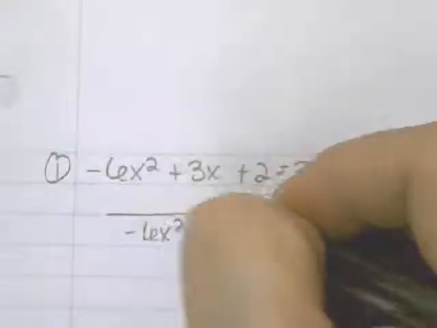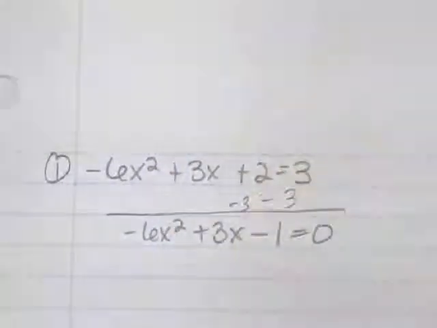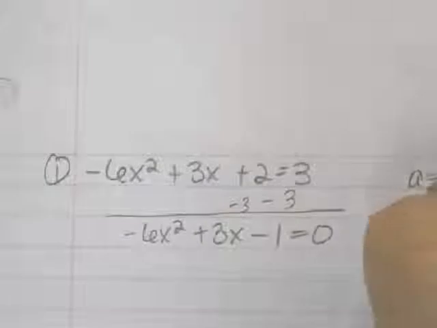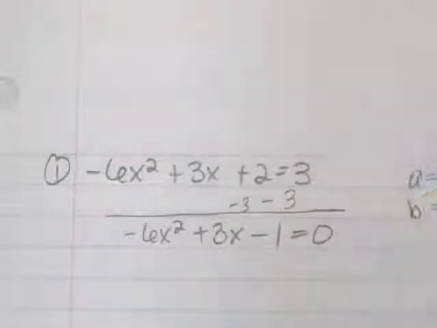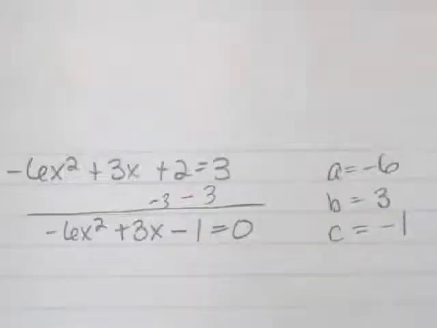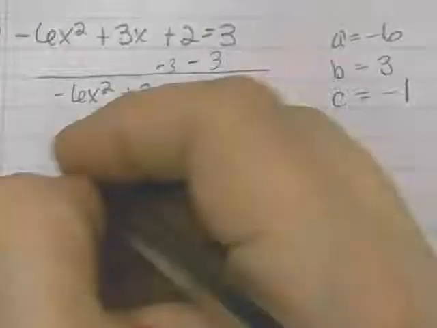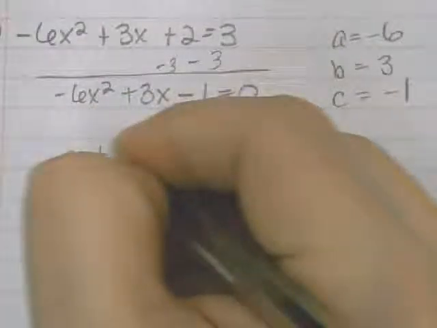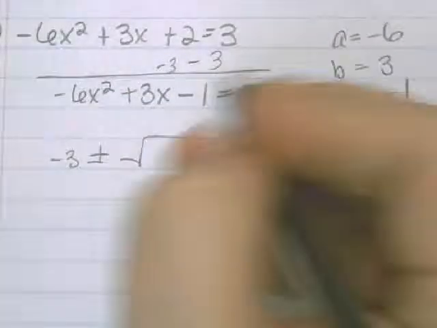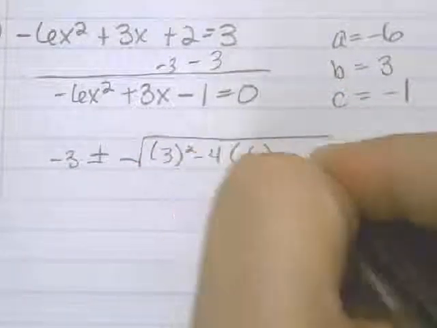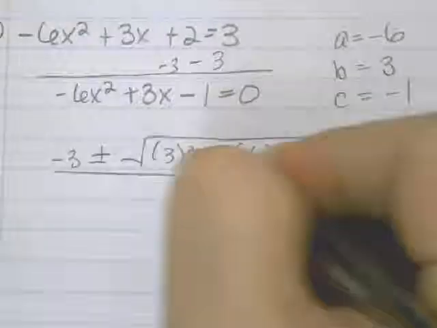So it's going to be 3 squared minus 4 times -6 times -1, and so I get -55. 2 times 6 is -12. Well, 55 is just 5 times 11, so I can't break that down. But what I can do is I can take out this negative. And remember, the square root of a negative is I. So I get -3 plus or minus I square root of 5 over -12.